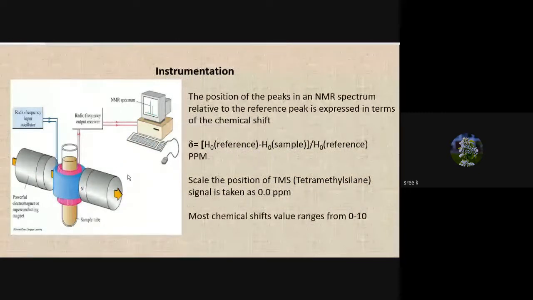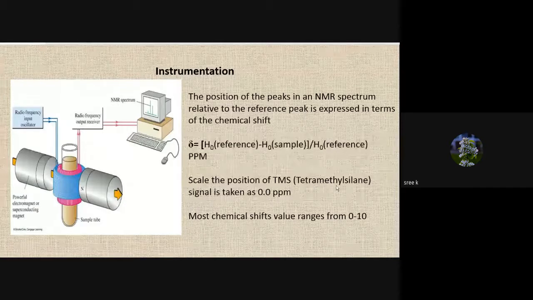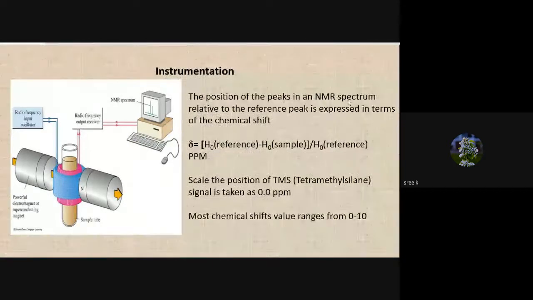Here, regarding the chemical shift, there is a material called tetramethylsilane, which is taken as the reference. The position of the peaks in the NMR spectrum relative to the reference peak is expressed as the chemical shift.